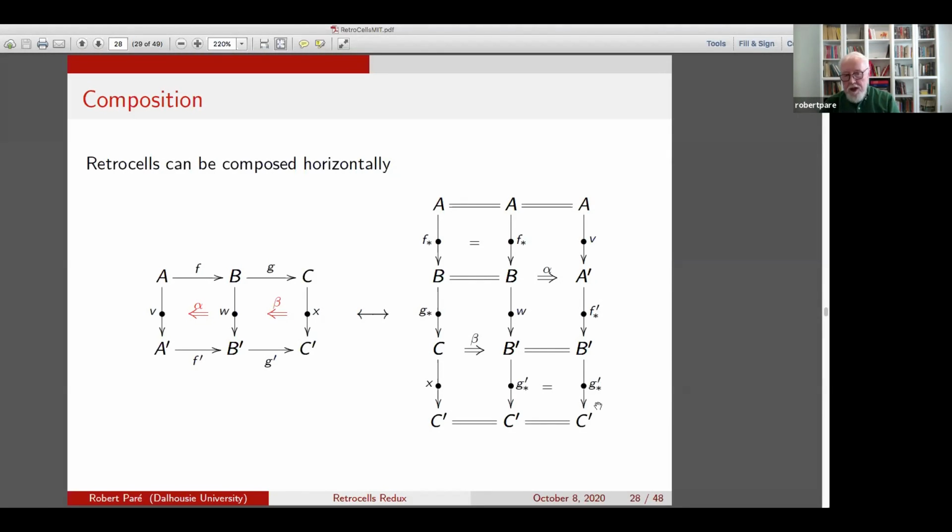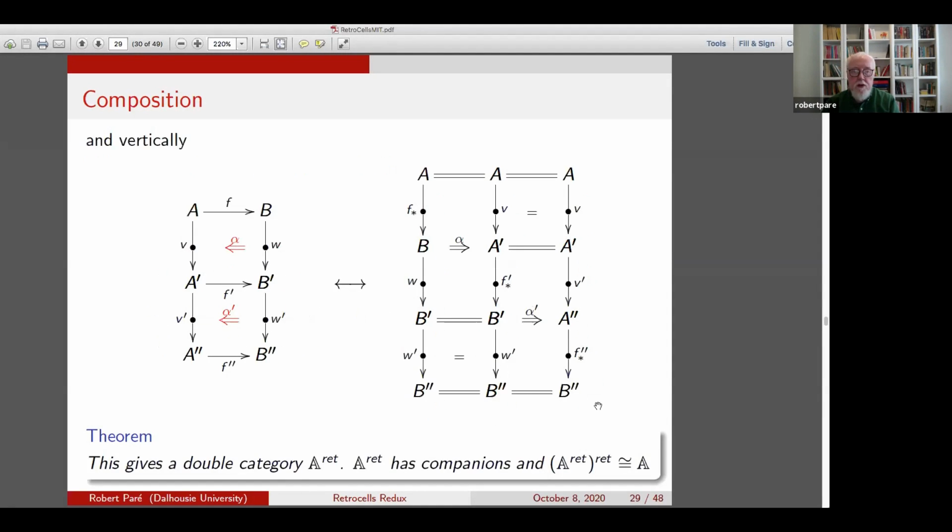So you can compose retrocells horizontally, and you can compose them vertically. The picture looks almost the same, except that before, the first one was down here, and then the other one was up there.